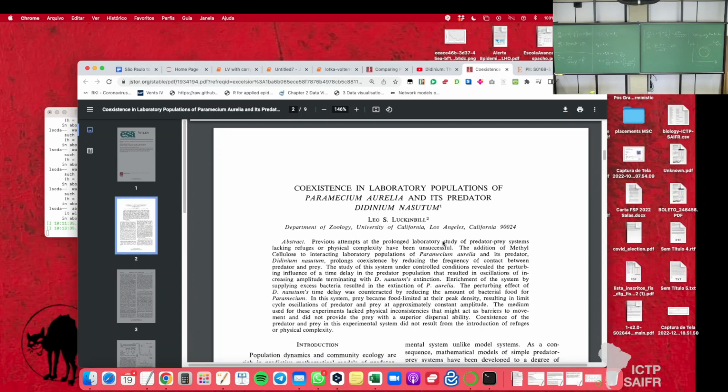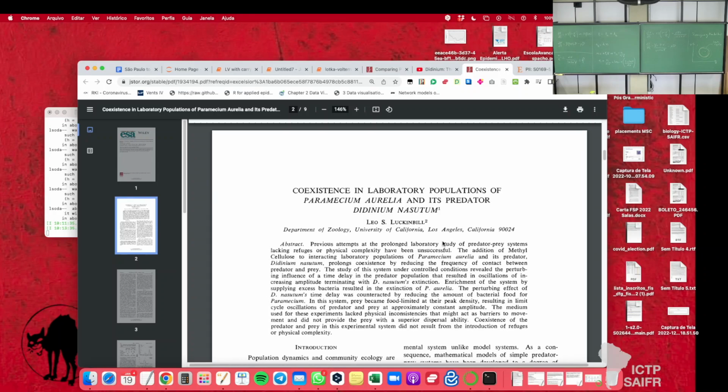It's the same system as Gause. I'm not sure if Gause tried with aurelia or with caudatum.